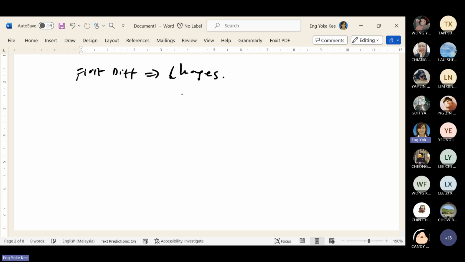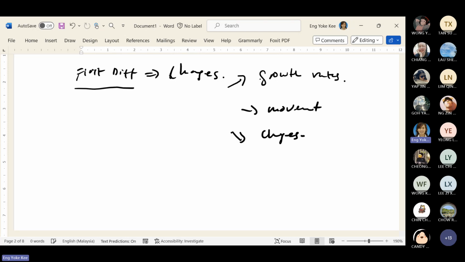Under what situation do we want to know about the changes? It is particularly useful when we look at growth, growth rate, or movement, how data change. This operator is useful when we want to model this kind of behavior, for example growth rate. For example, I want to know economic growth.